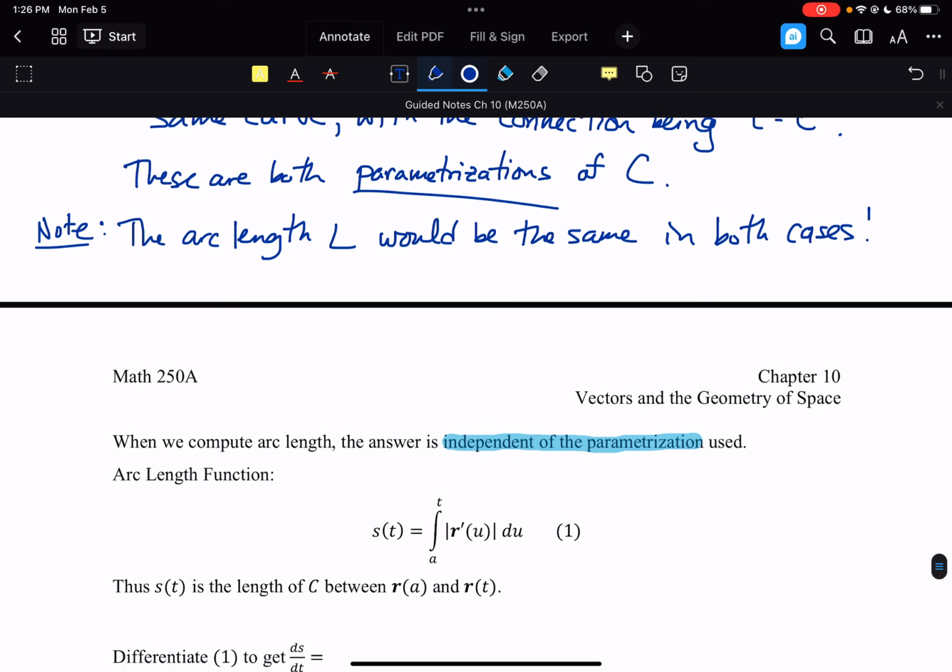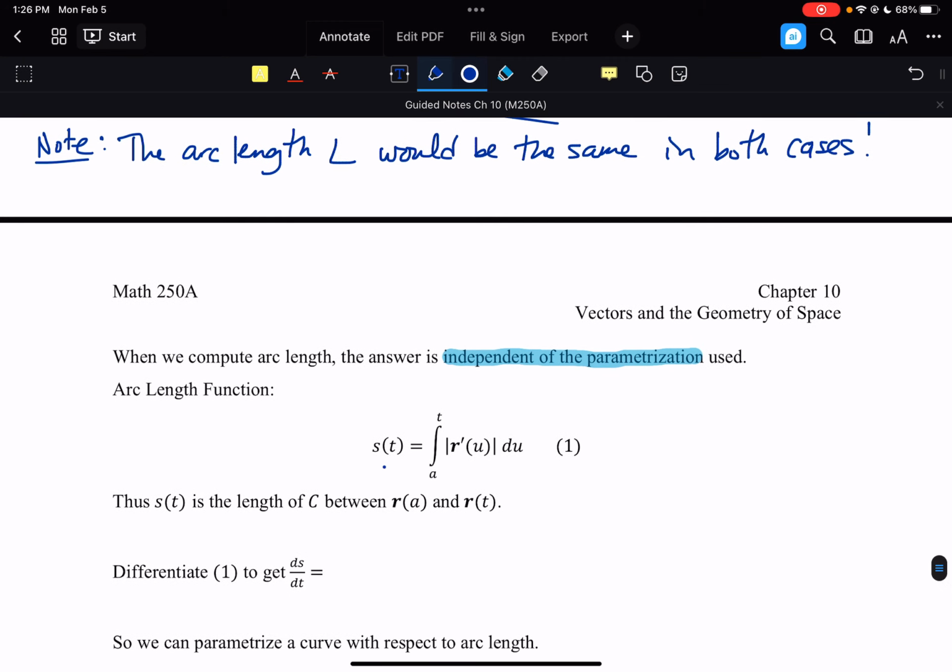So if you consider this arc length function, s of t, where this is the integral of the derivative here. So we've just relabeled the letters here. We're using u as a placeholder variable. t will be the ultimate variable in the end because it's in s right here.